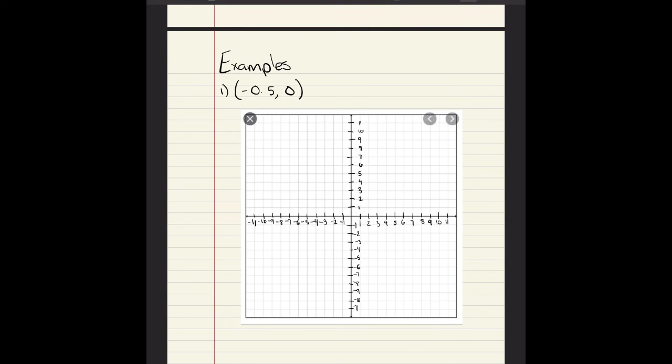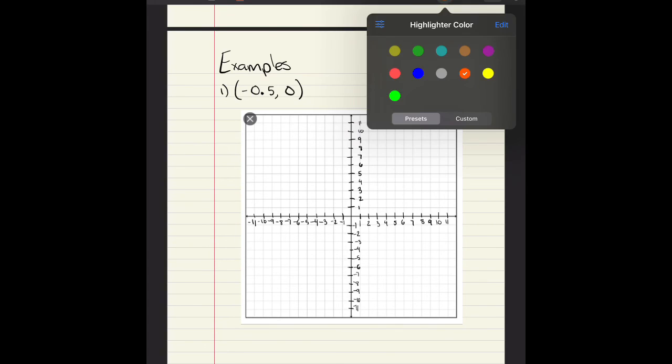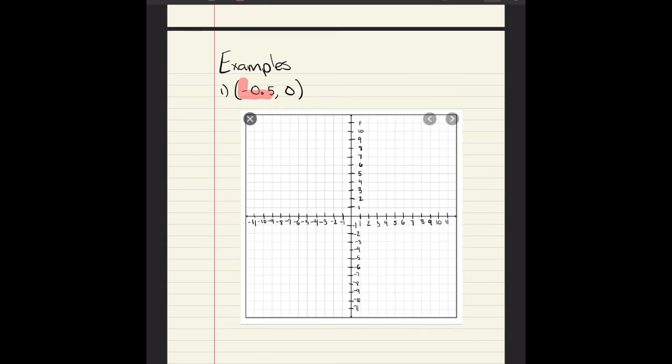All right, here is example 1, and it is to graph -0.5 and 0. So let's start by looking at our x-coordinate, and our x-coordinate, we need to crawl first. So here's our x-coordinate, and it's -0.5.